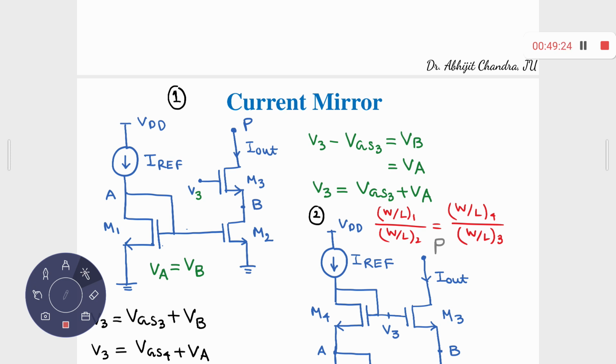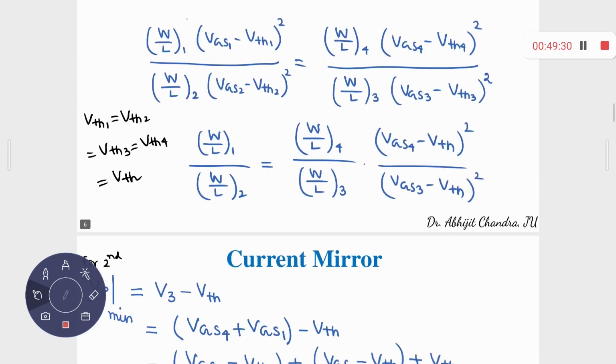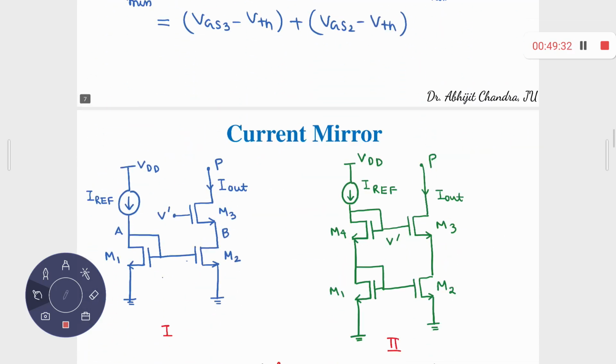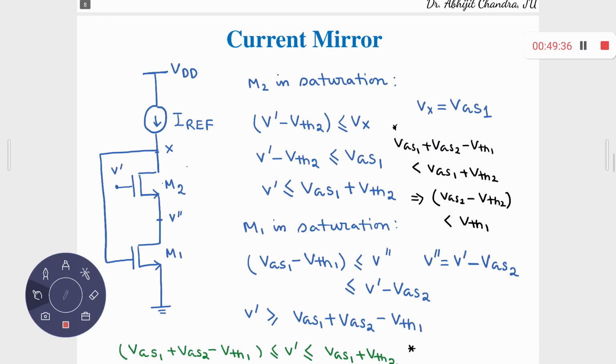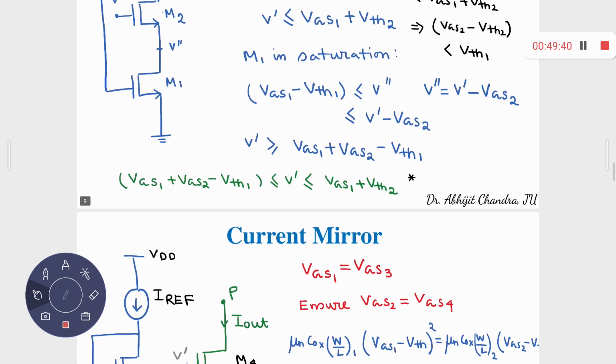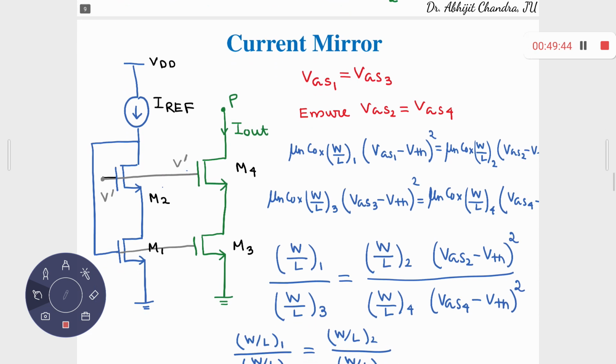We have modified the left hand side of this particular circuit, and accordingly we have come to this circuit. This is a copying circuit, part of the copying circuit. And this is your I out part. This is the cascode configuration.